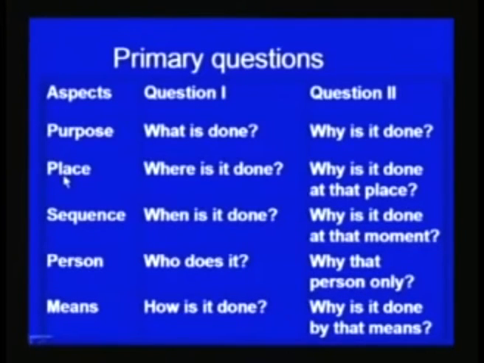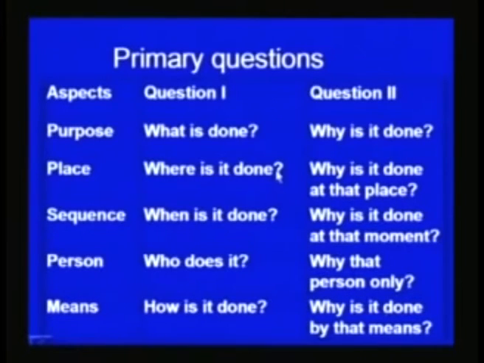Thereafter, the place: where it is done and why it is done at that place. Then the sequence: when is it done and why is it done at that moment. Regarding the person: who does it and why that person only does it. And the means: how is it done and why is it done by that means only.